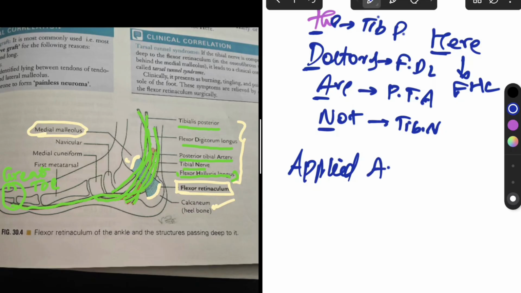Now, one of the applied aspects of the flexor retinaculum is tarsal tunnel syndrome.